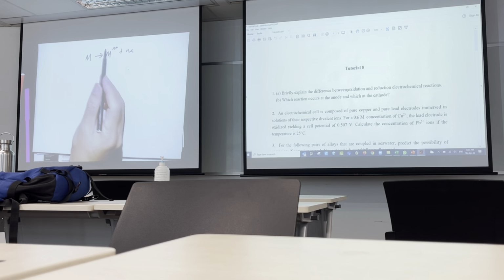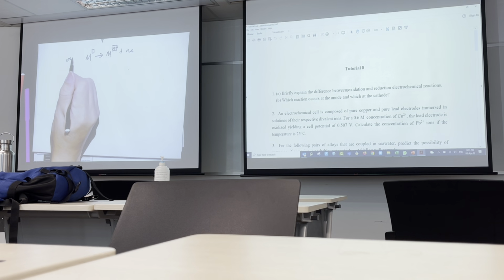It throws away n electrons and becomes M^n+. This can be 1, or if it's 2, this will be 2. When it oxidizes, this number will increase. This is a process where a metal becomes an ion, which is also where corrosion takes place.